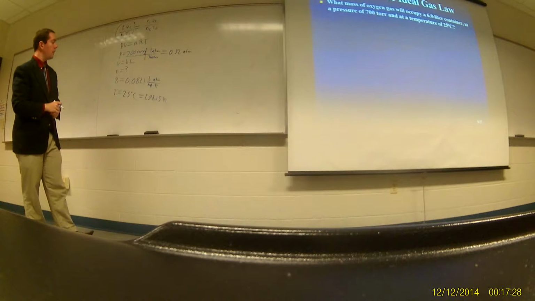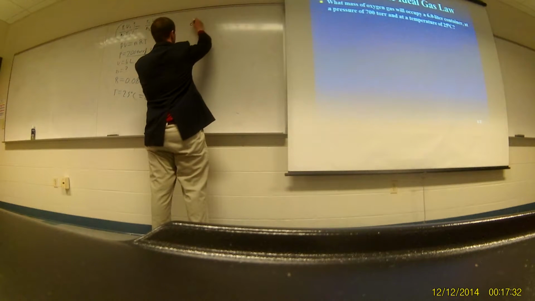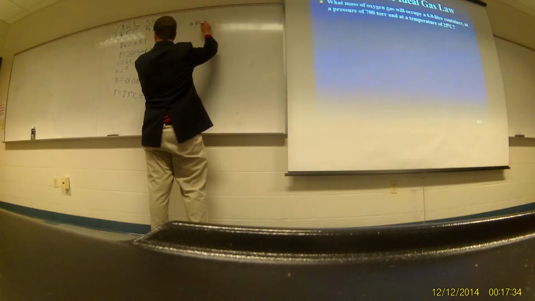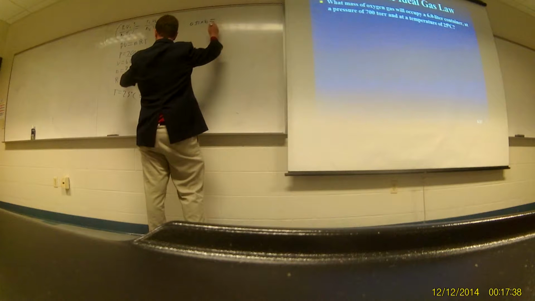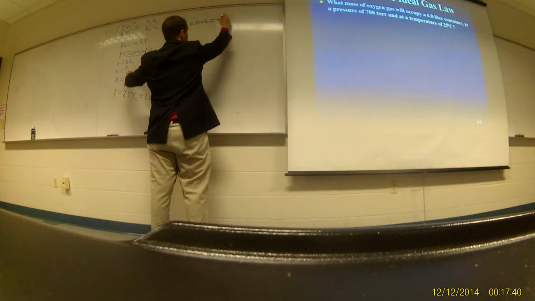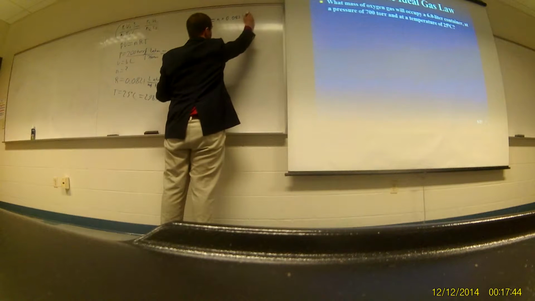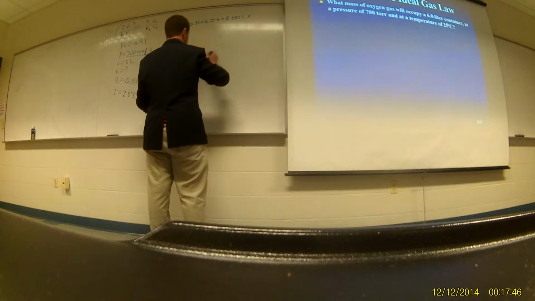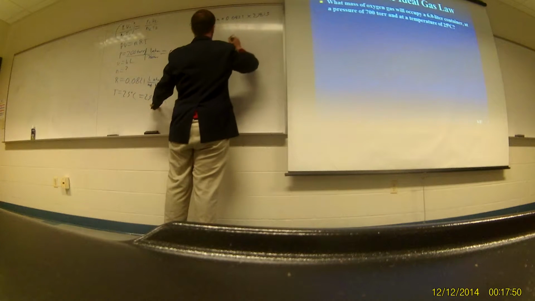So we can plug it in. We've got 0.92 times 6 equals n times 0.0821 times 298.15.